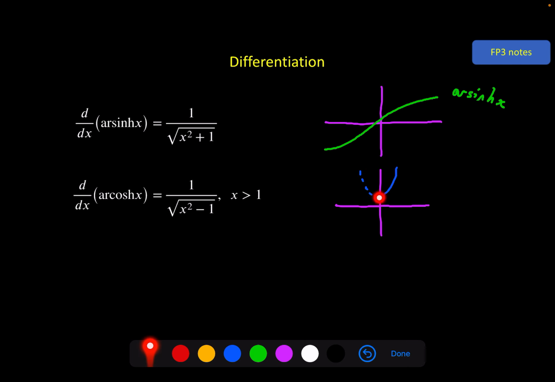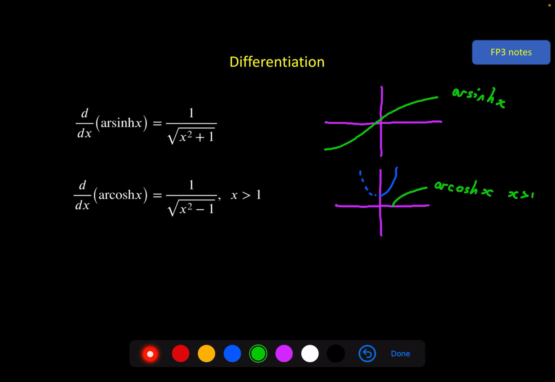So I put this in dash because we're going to ignore this in order to make it 1 to 1. So we can have the r cosh, which I'll put in green here. That is r cosh x, where we have limited it. x is greater than 1.